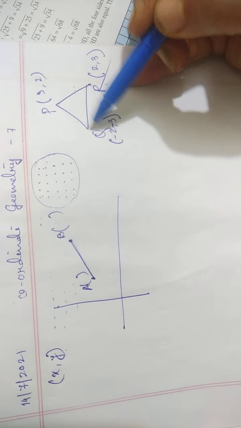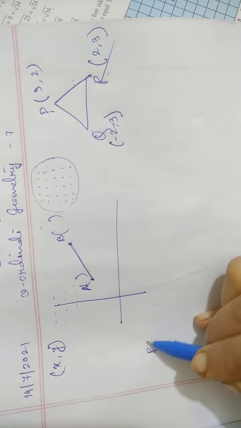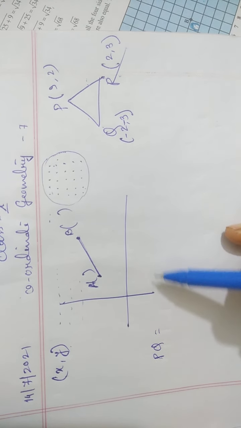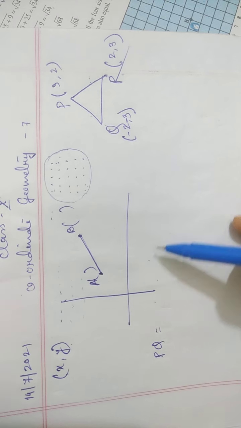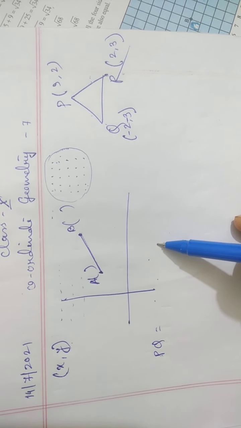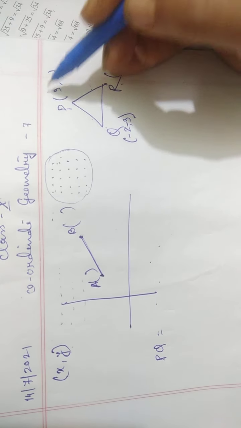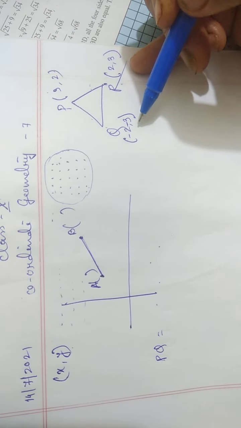Now, if you find the distance of PQ, what is the formula? Root over x2 minus x1 whole square plus y2 minus y1 whole square. From these, you can take either one as x1, y1 and the other as x2, y2.